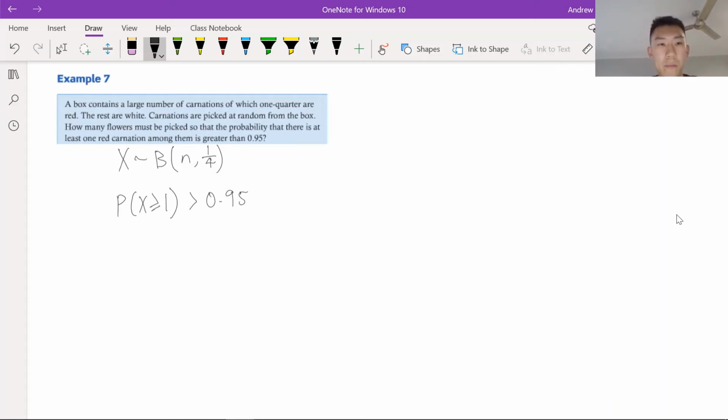So if we solve this equation, it will give us a number of trials n for which the probability is exactly 0.95, and that'll probably be a decimal, so we would round up, right? Because we can't have a part number of trials. It has to be a whole number.